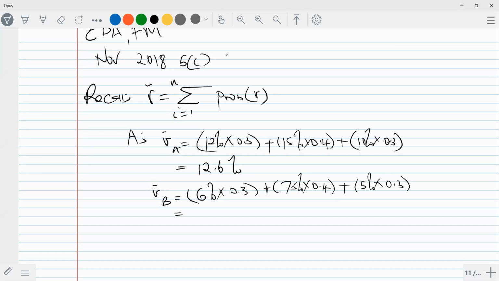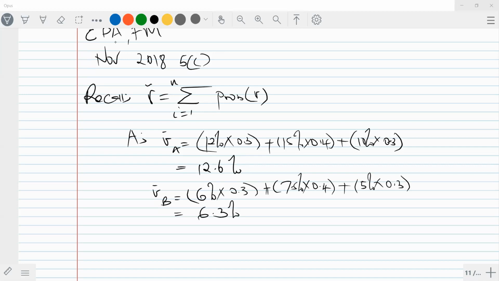What therefore gives us the expected return for B? We get 6.3% to be the expected return from security B. That's how we determine the return that we anticipate to get from A and from B.